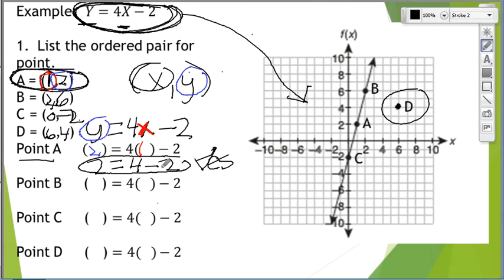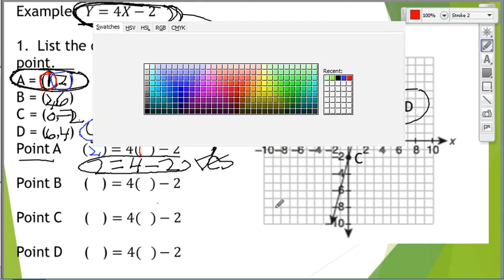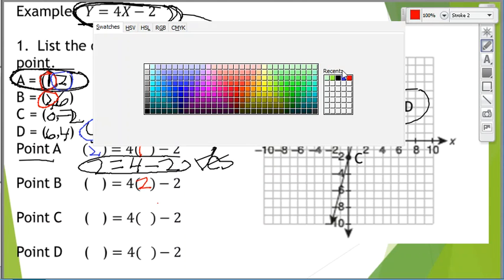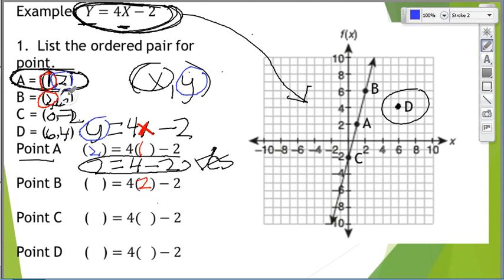Okay, so let's go ahead and look at the next one for point B, 2, 6. Instead of our x, we're going to plug in 2, right? So in our equation, instead of the x, we're going to plug in 2. Instead of the y, we're going to plug in 6.